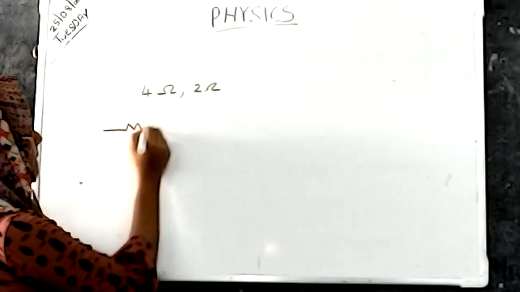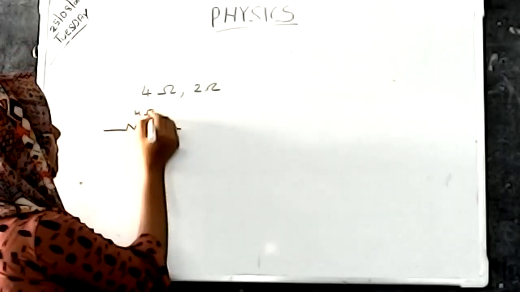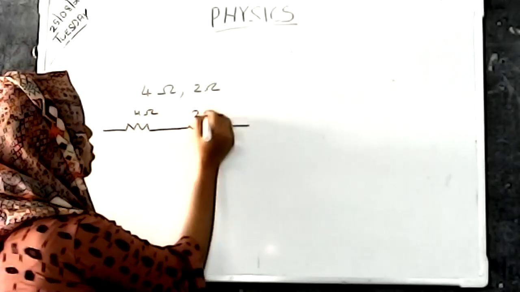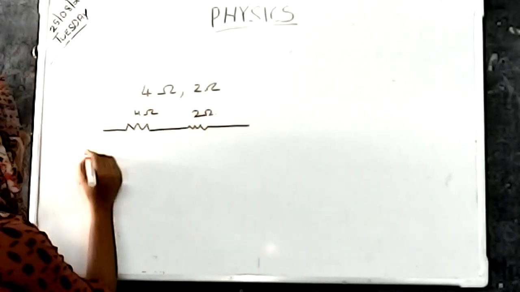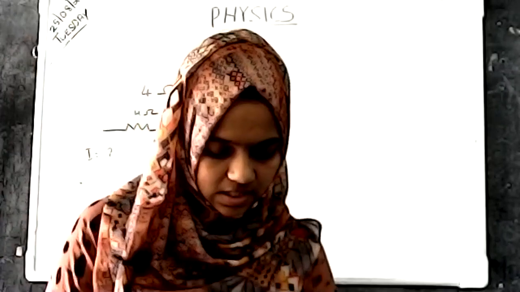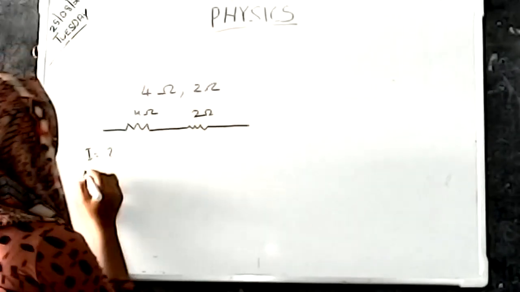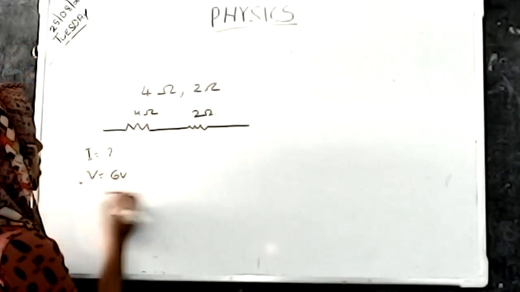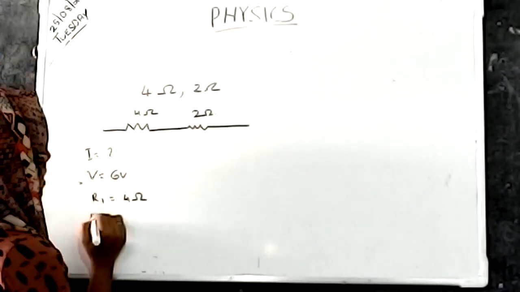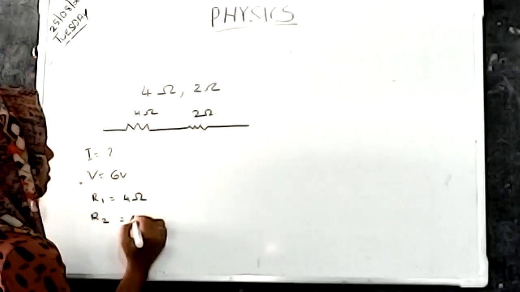One is 4 ohm and the other one is 2 ohm. The potential difference is 6 volt. V is equal to 6 volt, R1 is equal to 4 ohm, R2 is equal to 2 ohm.